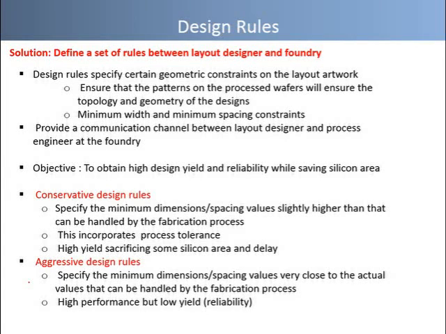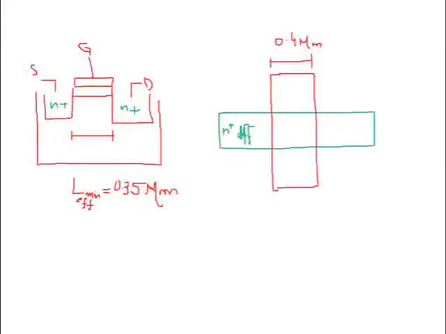There are two approaches by which layout design rules are specified. First one is the conservative approach. In this approach, the design rules are specified by fixing the minimum layer dimensions and spacings slightly higher than those that can be actually handled by the fabrication process.